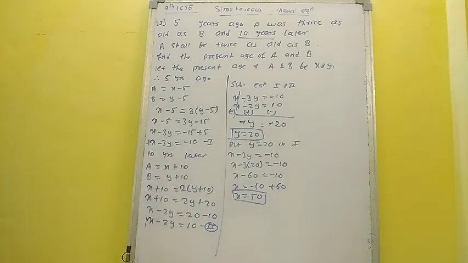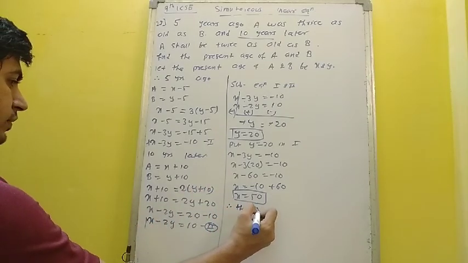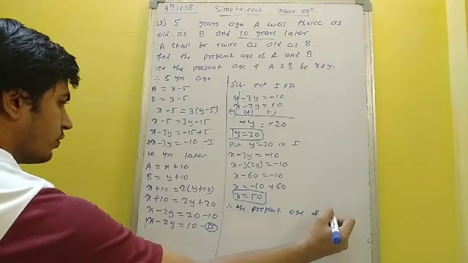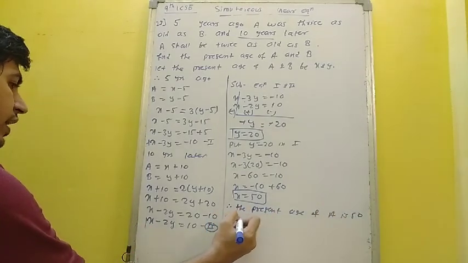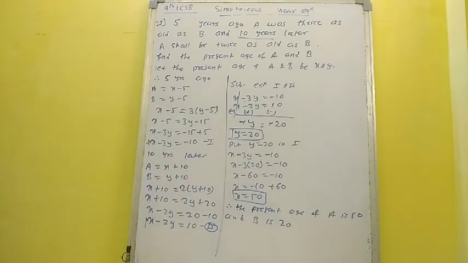Therefore, the present age of A is 50 and B is 20.